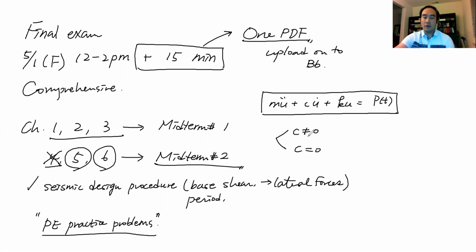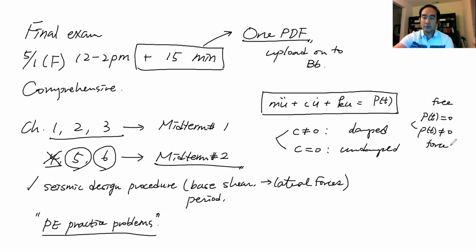So depending on the C value, if C is equal to 0, then it's going to be an undamped system. Otherwise, this is going to be the damped system. And then depending on P of t, this is 0 or not. If P is equal to 0, then it is free vibration. Otherwise, it's going to be forced vibration, right?